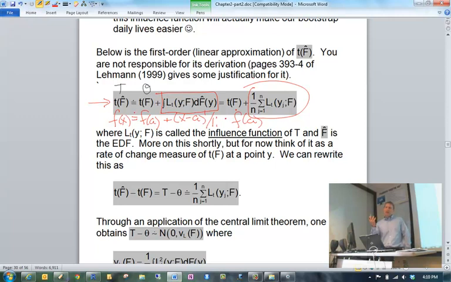For now, you can think of this influence function, as I put here, as a measure of the rate of change of T of f at some point y. Rate of change often deals with derivatives. In fact, derivatives are going to come up shortly. Now we can rewrite this expression by taking this T of f and moving it over to the left side.